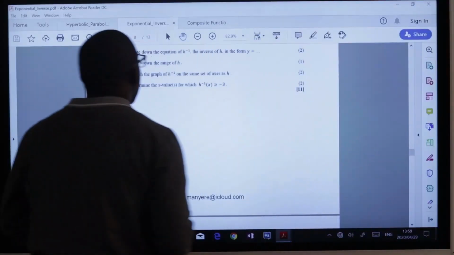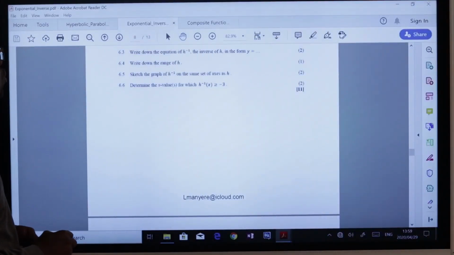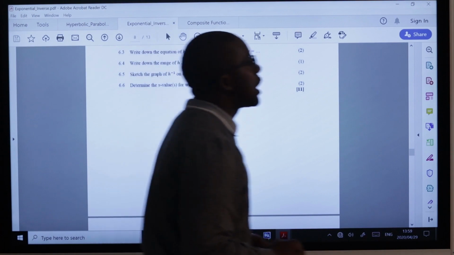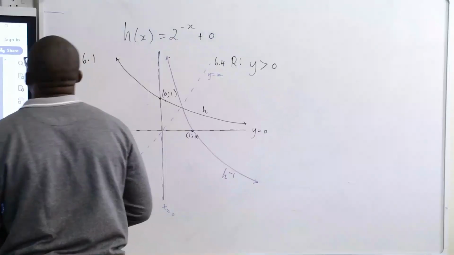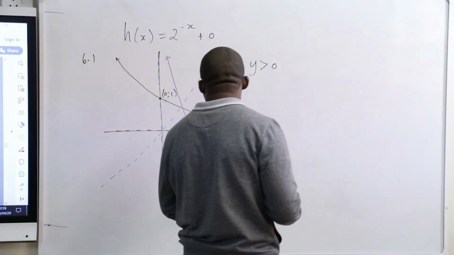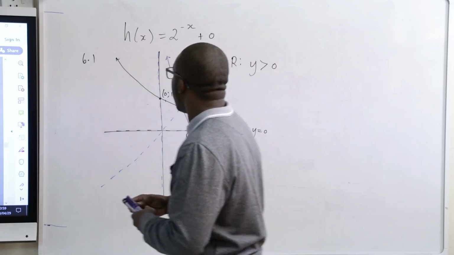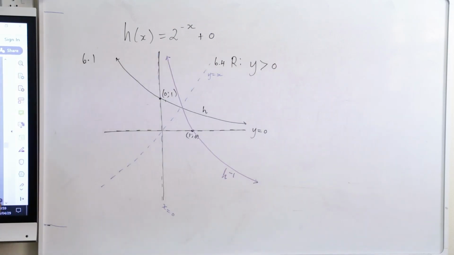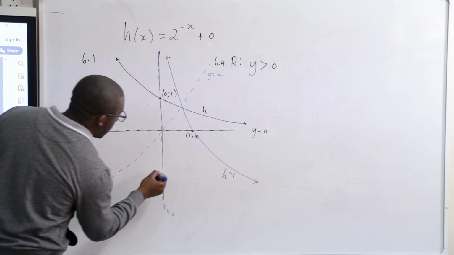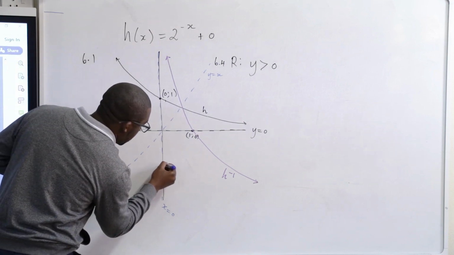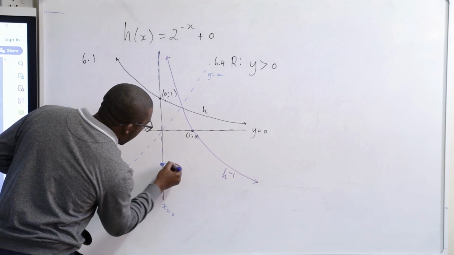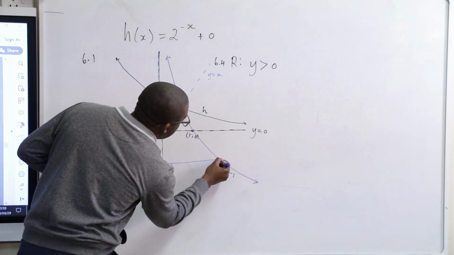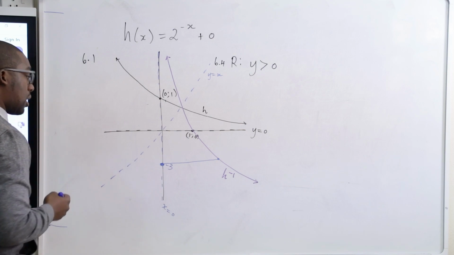The last question: determine the value or values of h to the minus 1 which are greater or equal to minus 3. Using a graphical approach, the values have to be above minus 3. So if this was minus 3, I interpolate until I get to the x-axis.